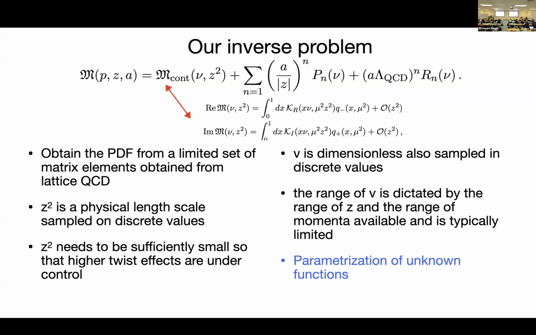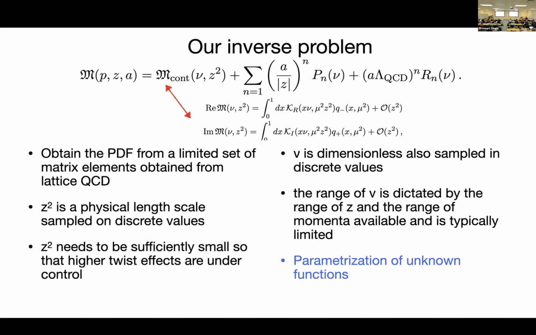Now, the continuum result by itself is also not clean. It gives you the perturbative kernel that we talked about. It gives you the PDF. This is the leading twist, the thing that you are after. But it has these power corrections that you have to take care of. So in order to analyze the lattice data, you have to parameterize all these effects and have the calculation done for several lattice spacings and for several combinations of p and z, and you have a complicated inverse problem to solve.